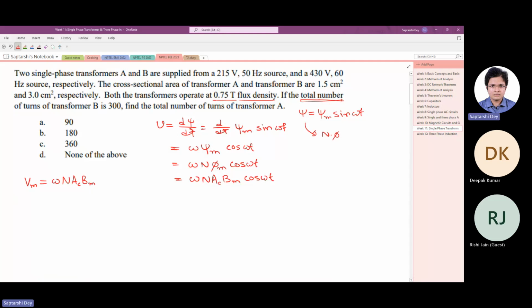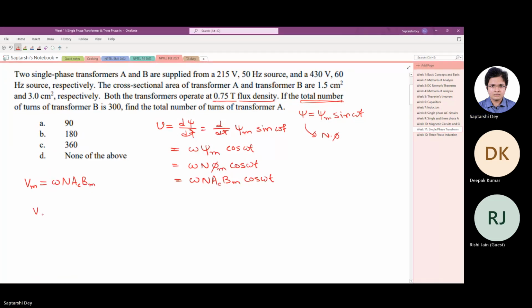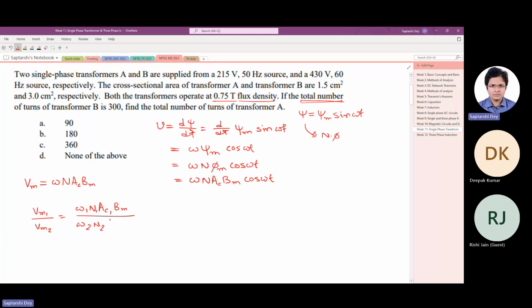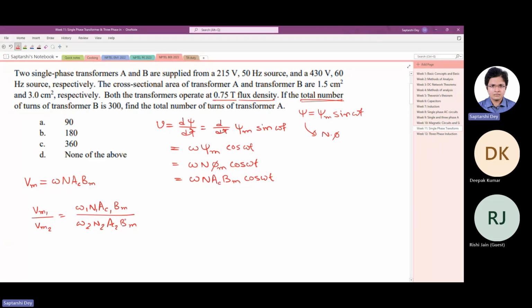Now if we write this in terms of the ratio of these two transformers 1 and 2, we get Vm1 by Vm2 equals omega 1 N1 AC1 Bm over omega 2 N2 AC2 Bm, where Bm is the same for both. The values given in the question are definitely RMS, not peak values, but since we are finding ratios, we need not convert them, as we would multiply by the same factor.